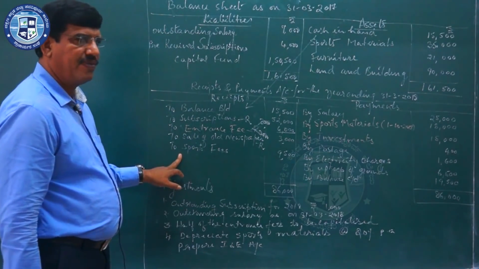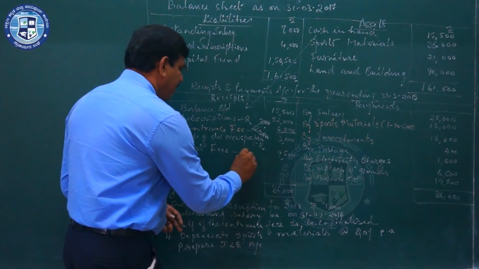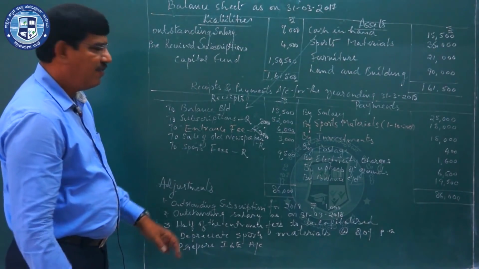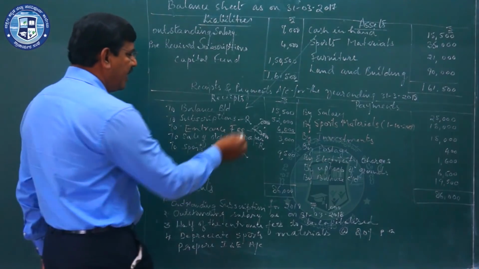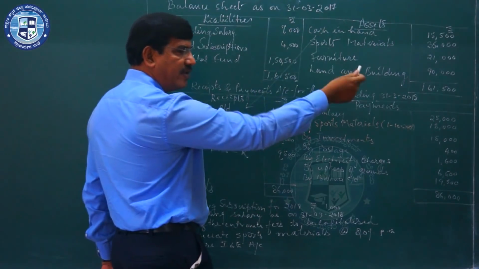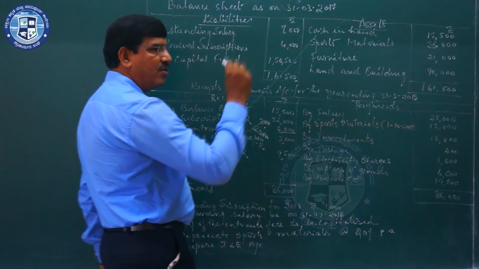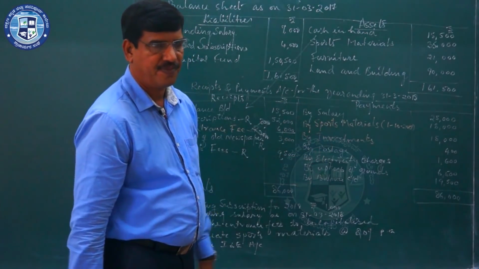Sports fee is also recurring in nature, so it is a revenue receipt. So here we made a distinction between revenue and capital items. Only the revenue items will go to the income and expenditure account, and the capital items go to the closing balance sheet. Now let's see the payments.